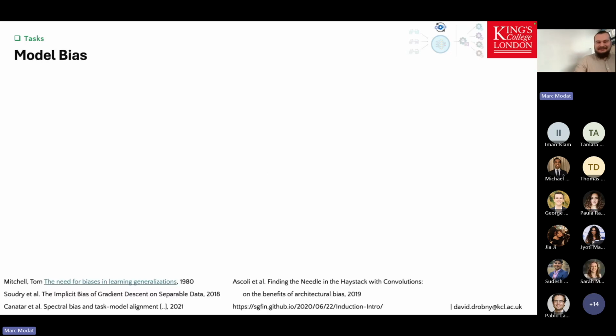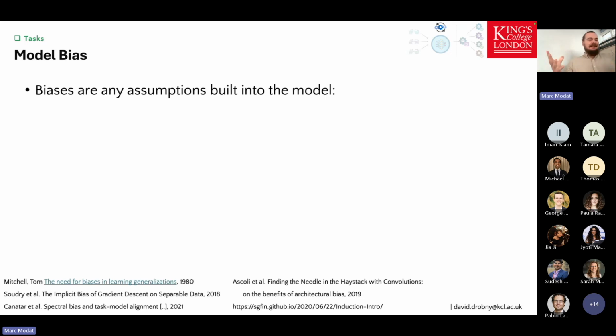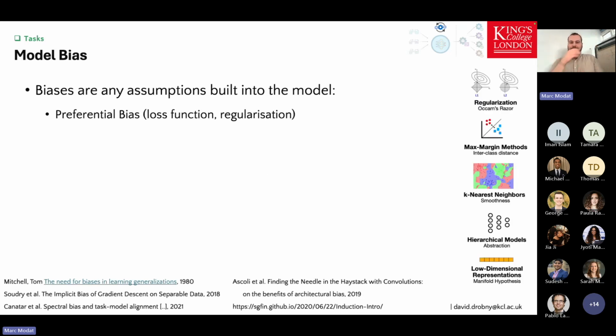Model bias. Yeah, biases are, in a way, any assumptions that go into building our model. So, for example, there's preferential bias. That is, for example, how we choose our loss function. What kind of regularization do we need? That's a very old concept from classic machine learning, where essentially the way we apply our assumptions forms what kind of models we're building.